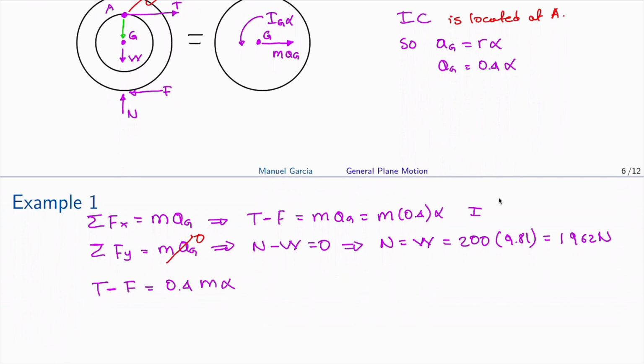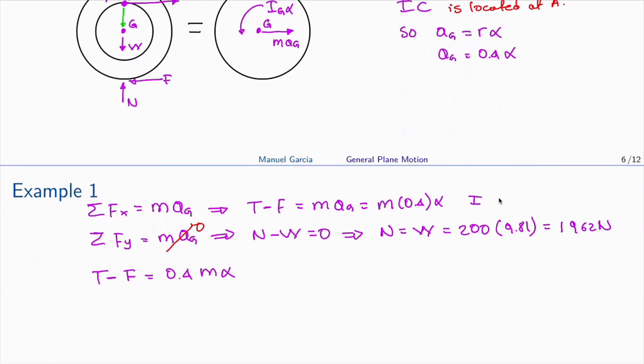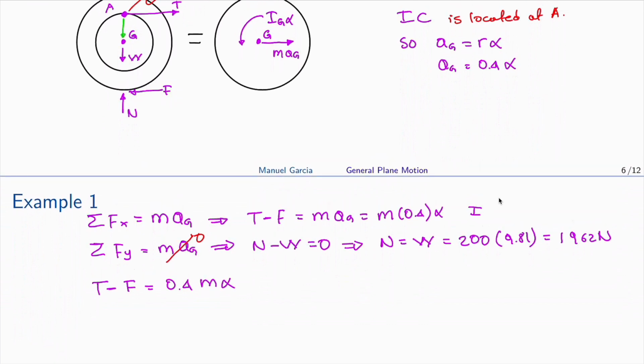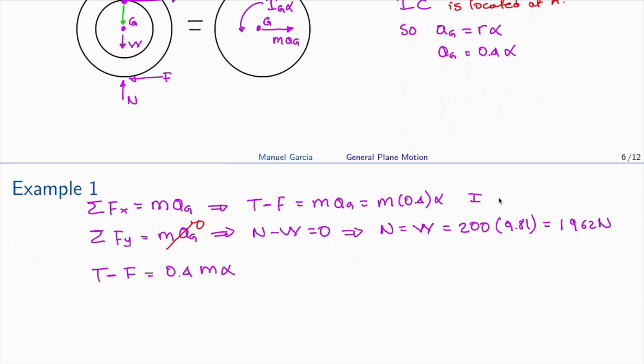Now the friction force, because it's slipping, is equal to the coefficient of kinetic friction multiplied by the normal. So T minus mu k multiplied by the normal equals 0.4 multiplied by the mass, and the mass is 200, multiplied by alpha.